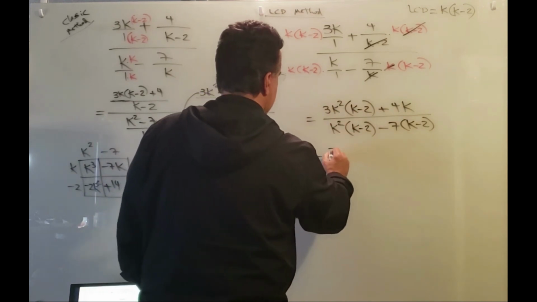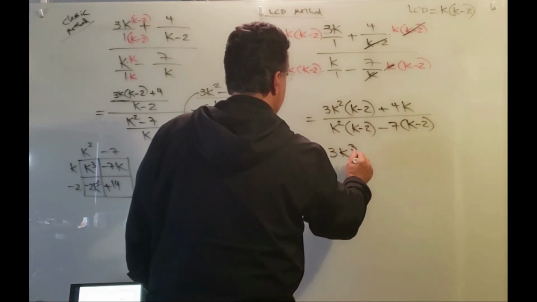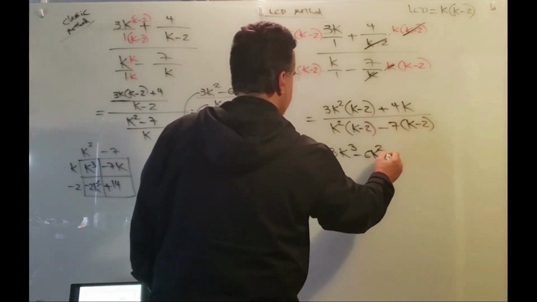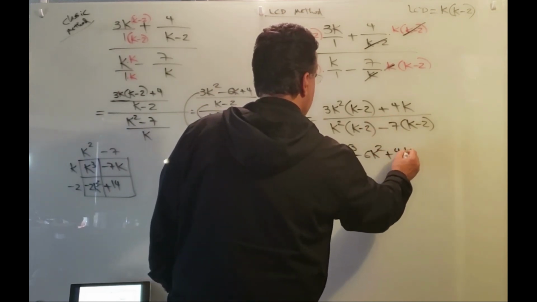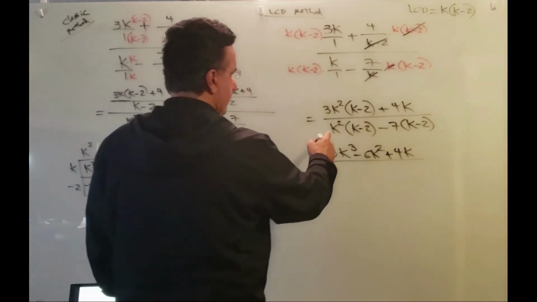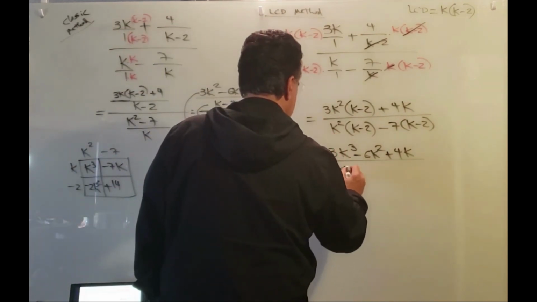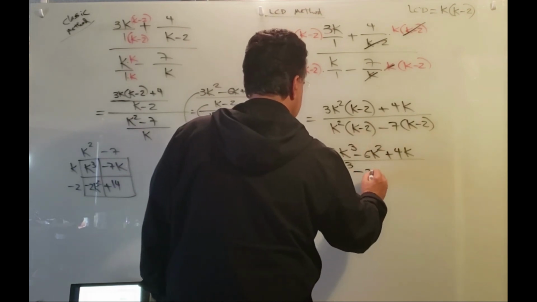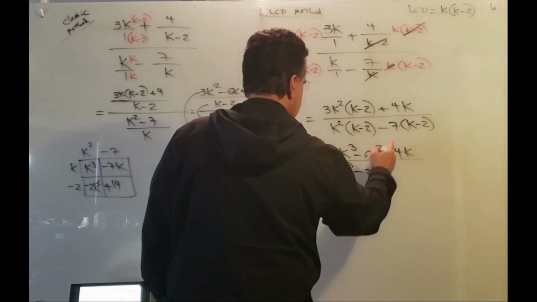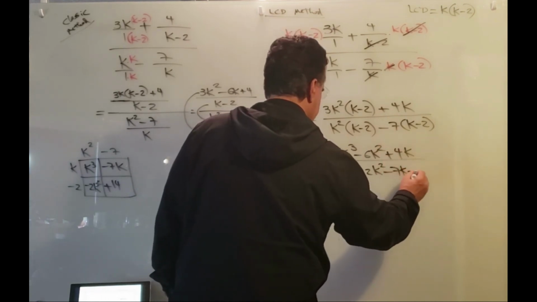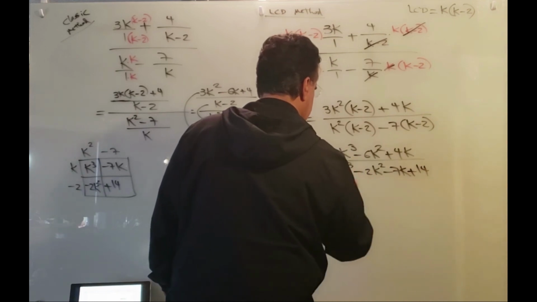So we get 3k cubed minus 6k squared plus 4k over k cubed minus 2k squared minus 7k and then plus 14.